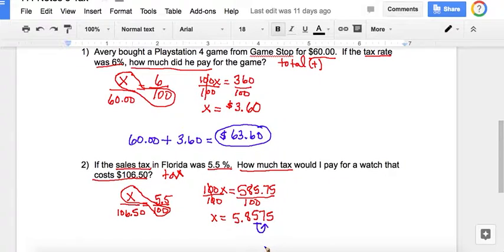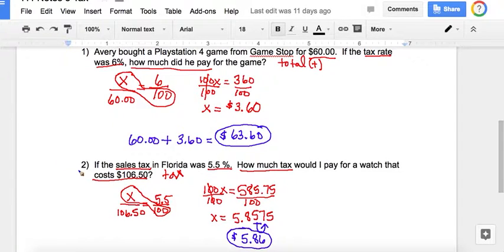If it's 5 or above, I give it a shove. And it is. So I'm going to give the $5.85 a shove to $5.86. So it's $5.86. Now, we just calculated the tax, and let's double check. Is that what we were looking for? That's correct. So $5.86 is my final answer.